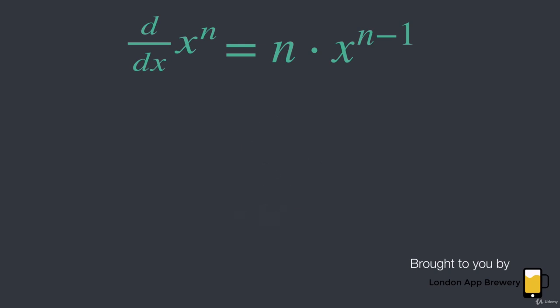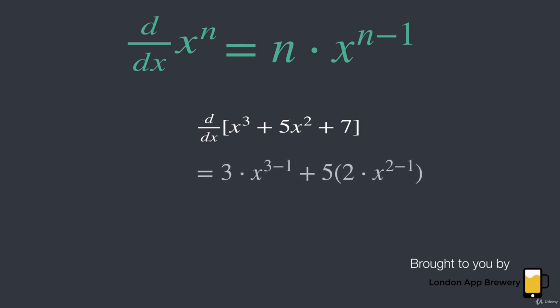We can apply the power rule to this function as well, x cubed plus 5 times x squared plus 7. So I'm going to go through these terms one by one. X cubed is pretty easy, right? Because x cubed will simply be 3 times x to the power of 3 minus 1. And then for that second term, 5x squared, the 5 stays where it is, and we have 2 times x to the power of 2 minus 1. And then that 7, right?